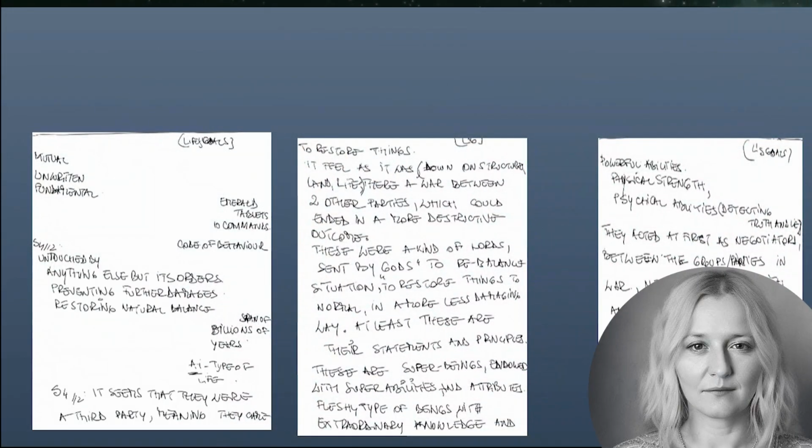It felt like the rules were mutual, unwritten, fundamental. I've got analytic overlays of emerald tablets, like 10 commands or a code of behavior, untouched by anything else but its orders, preventing further damage, restoring natural balance over a span of billions of years.